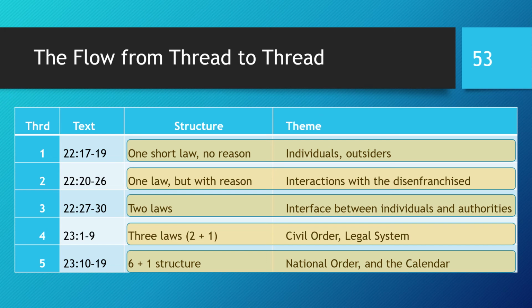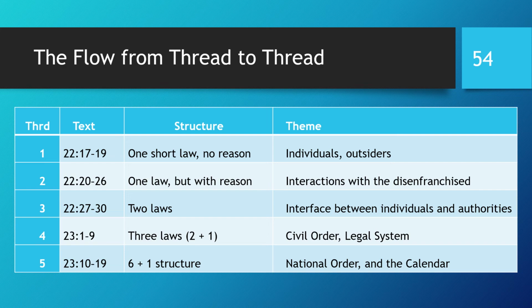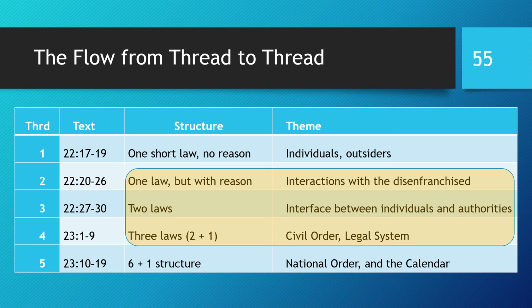Saying it another way, in the central block, we have 1 law in row 2, 2 laws in row 3, 3 laws in row 4. So 6 laws within the framework. Then, there is 1 law in the opening row, row 1, so a 1+6 set of laws in the first 4 lines.